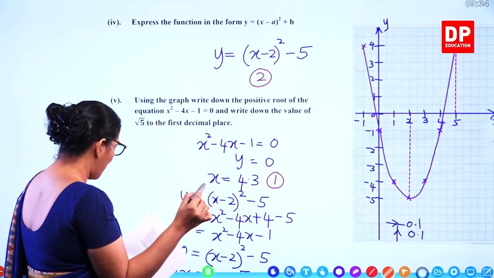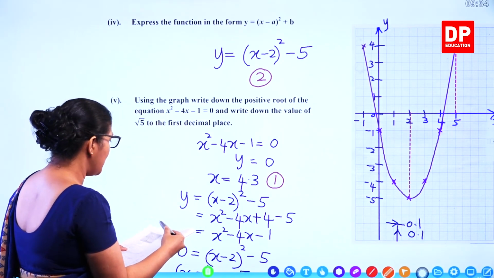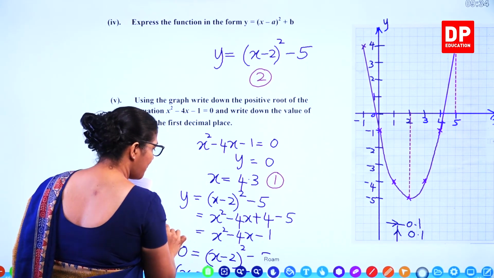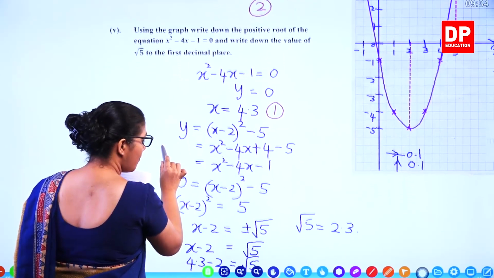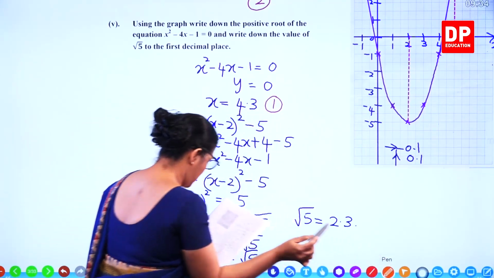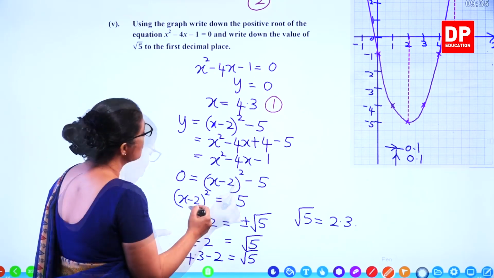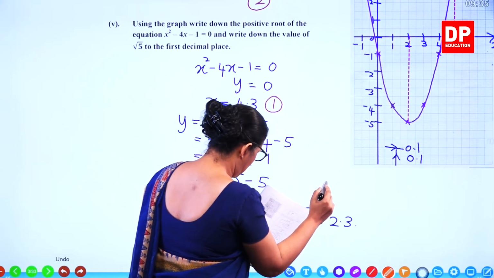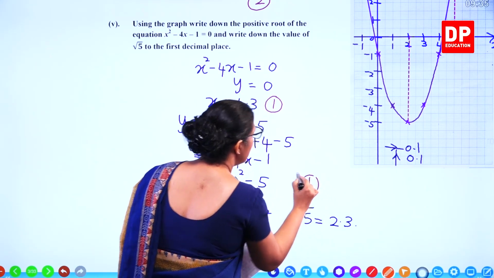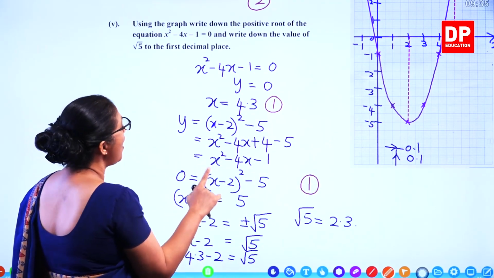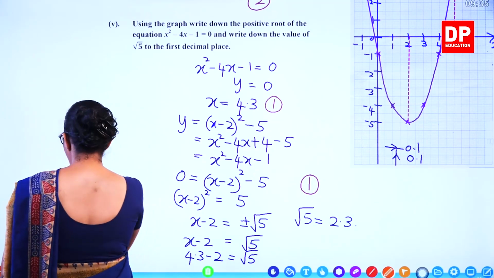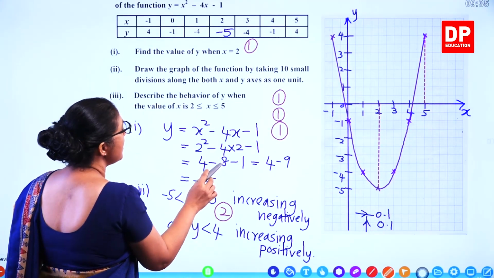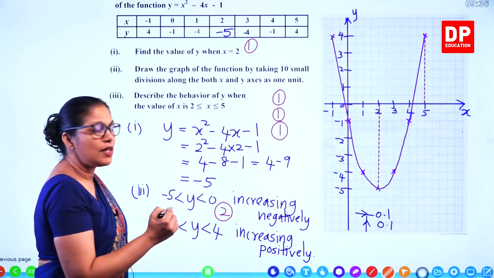And finally, when y equals 0, the root 5 value is 2.3, and you get only 1 mark for this step. So altogether, 10 marks for the whole question.